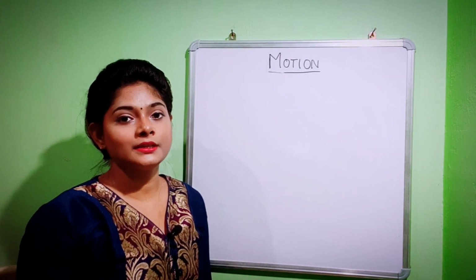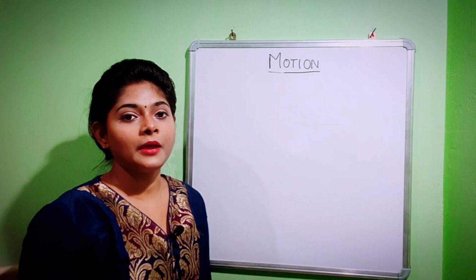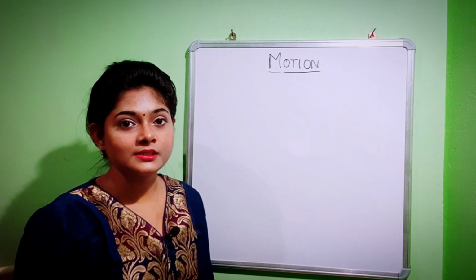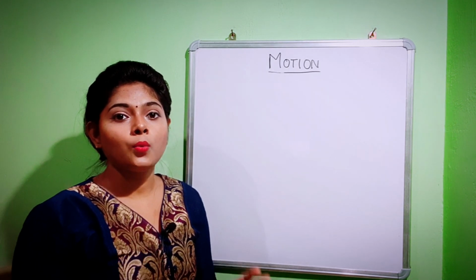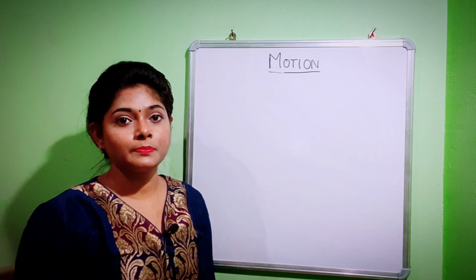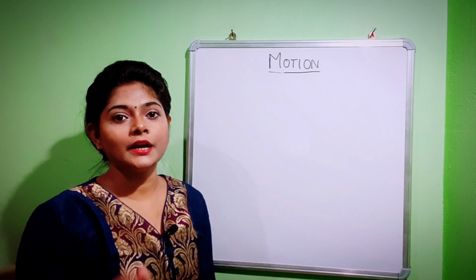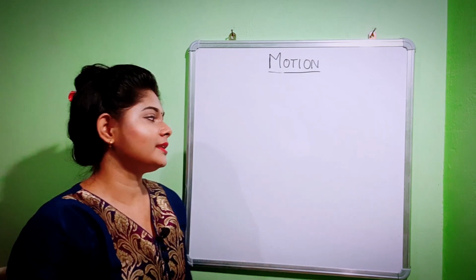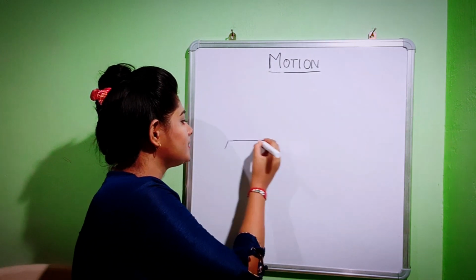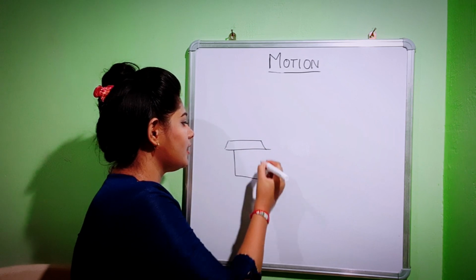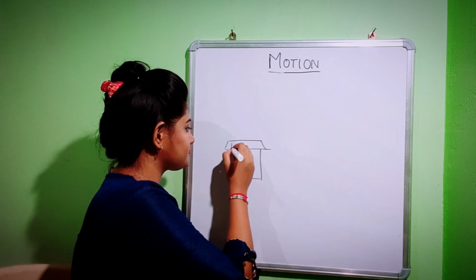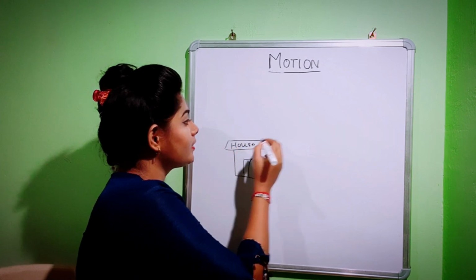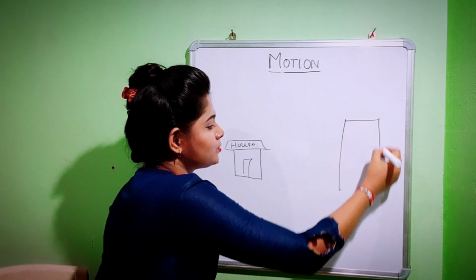As we were writing the definition of motion, we came across a word that is distance. Now we will study what is distance, what is displacement, and how both are different from each other. Now let's draw a diagram to understand this. Suppose this is a house and this is a school.